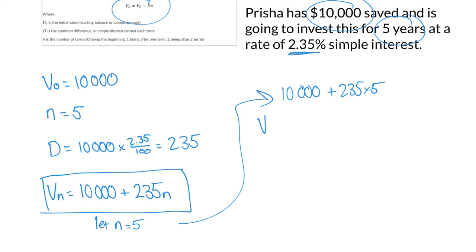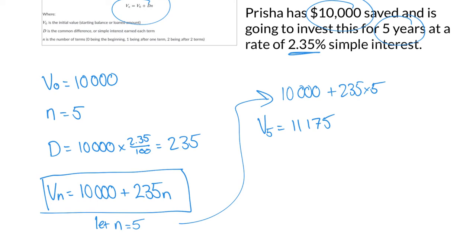So this is not Vn, but this is going to be V5, because this is after 5 years have passed. So you grab your calculator out, you type this in, and you would get hopefully something like $11,175.